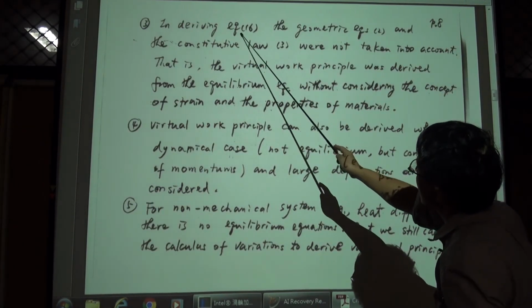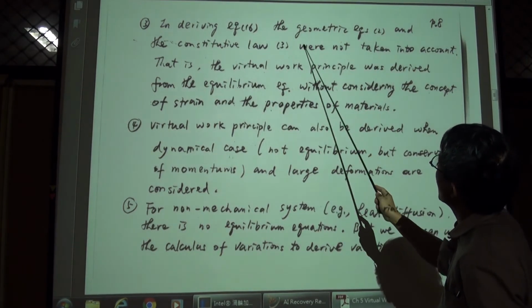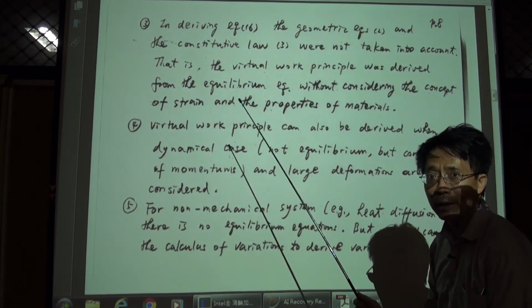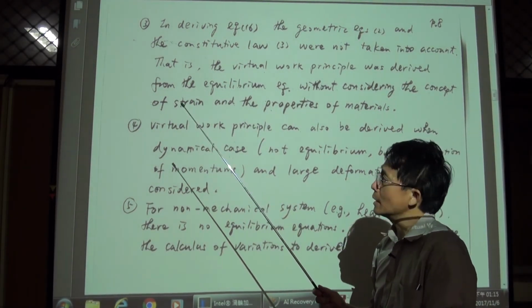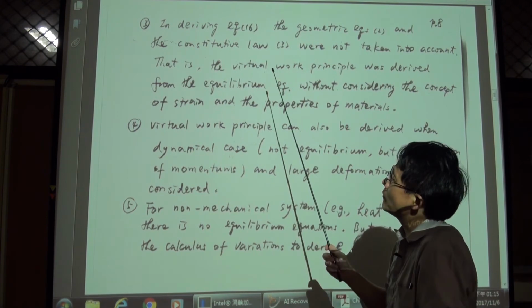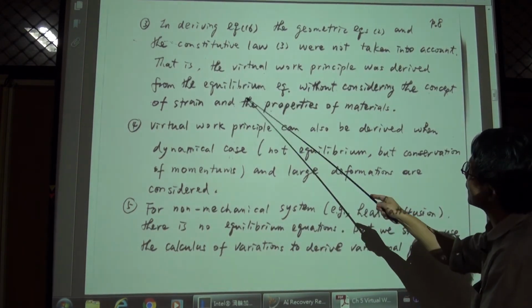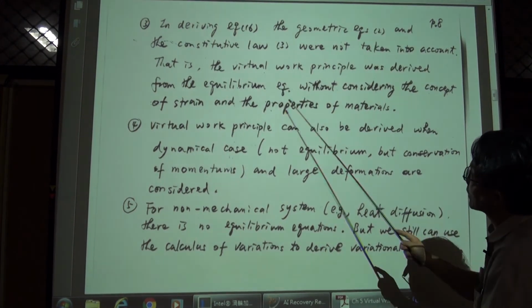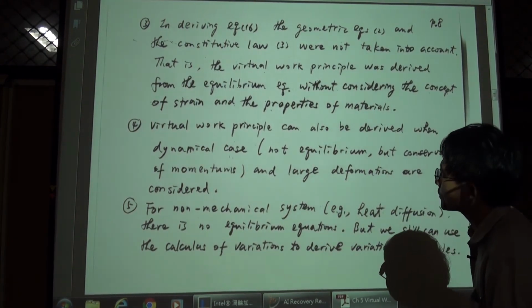In deriving equation 16, the geometry equation and the constitutive law were not taken into account, right? We didn't consider the stress-strain relation. We didn't consider the strain-displacement relation. So the virtual work principle was derived from the equilibrium equation without considering the concept of strain and the property of materials.